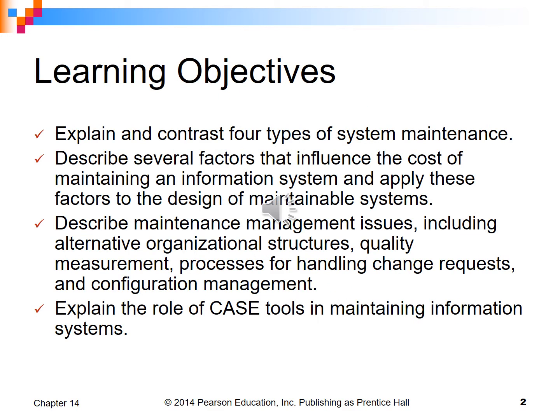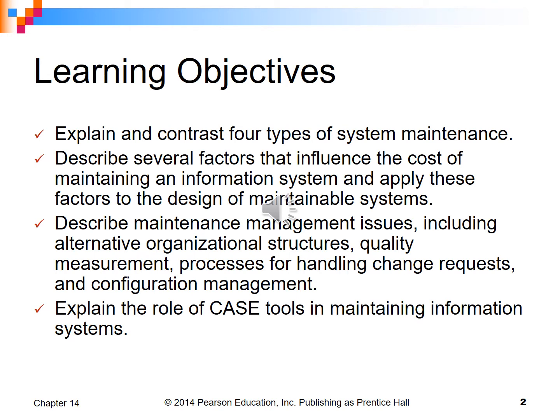The objective of this lecture and the second lecture: explain and contrast four types of system maintenance, describe several factors that influence the cost of maintaining an information system, and apply these factors to the design of maintainable systems.